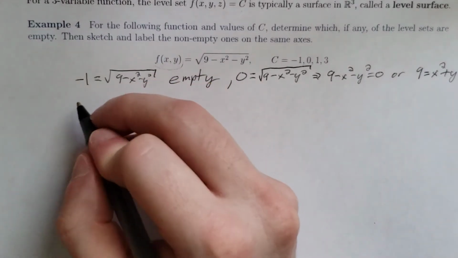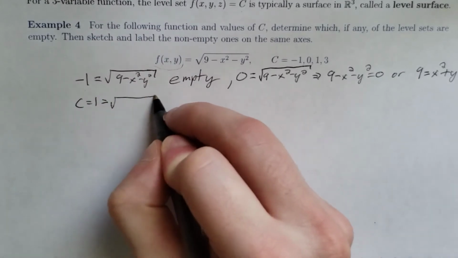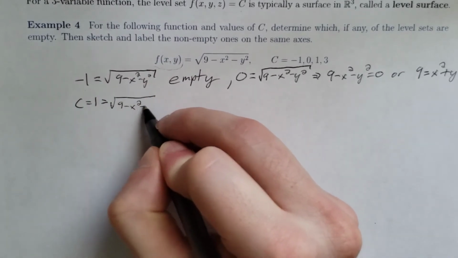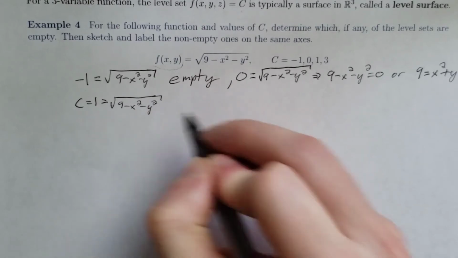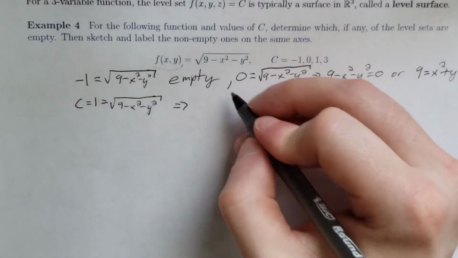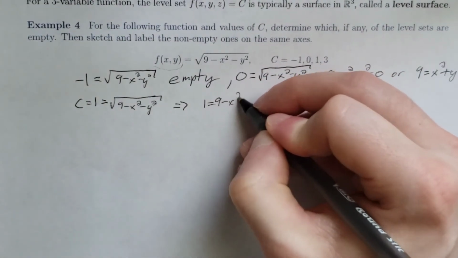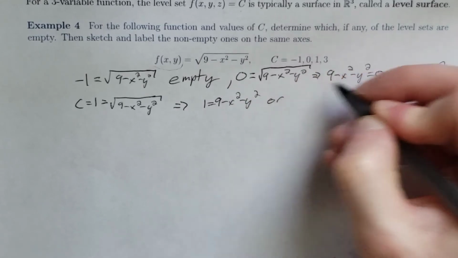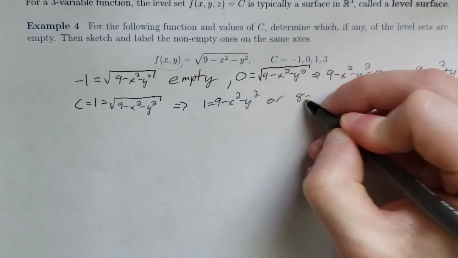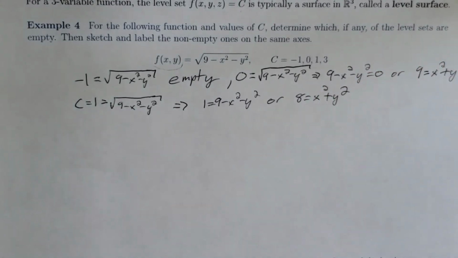Let's check for c equal to 1. Well, this implies that 1 is equal to 9 minus x squared minus y squared, or 8 is equal to x squared plus y squared. So now we have a circle with radius square root of 8.